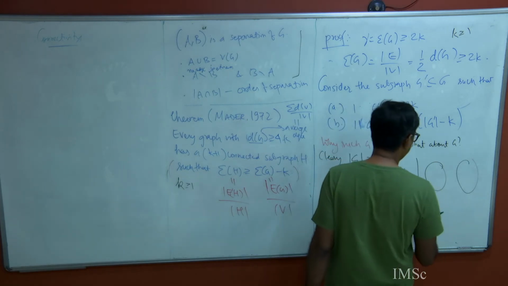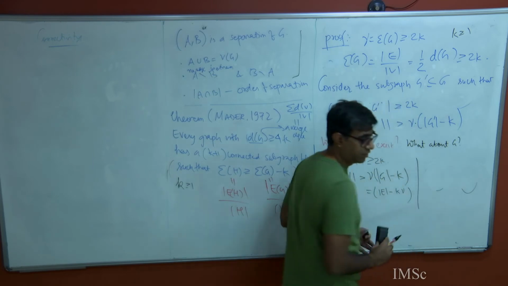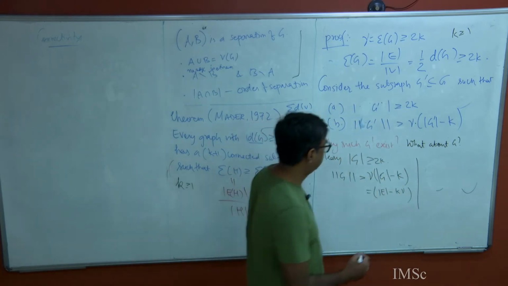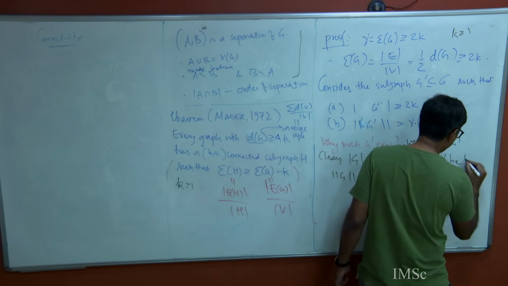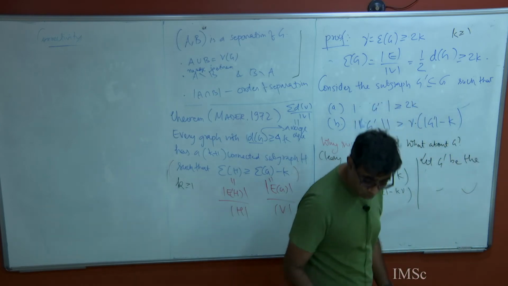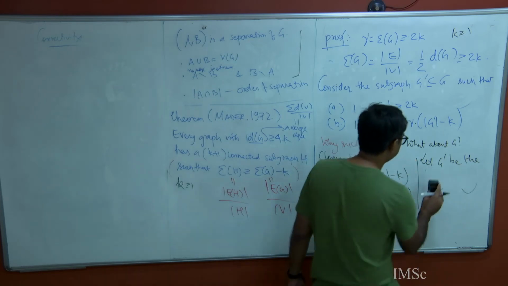Okay. So now we know that G exists. So now what I'm going to take is, let G prime be the smallest subgraph.